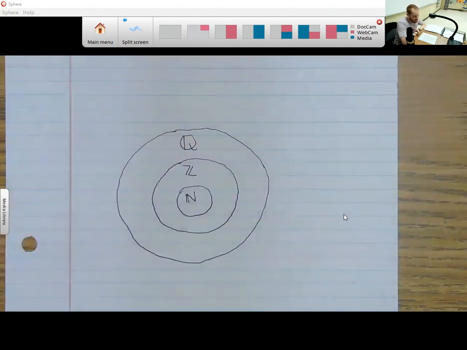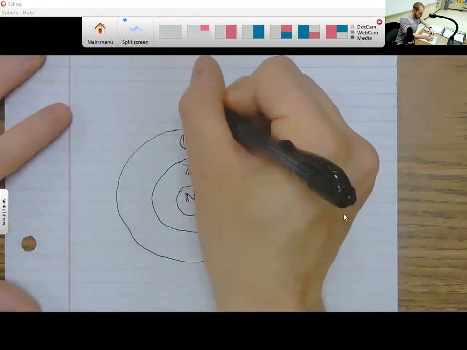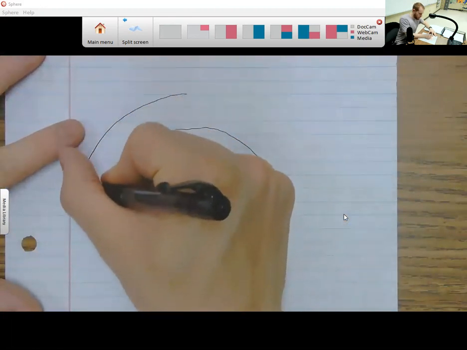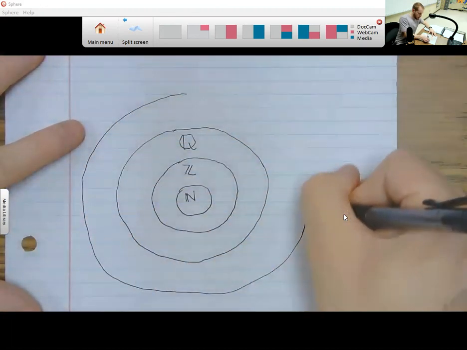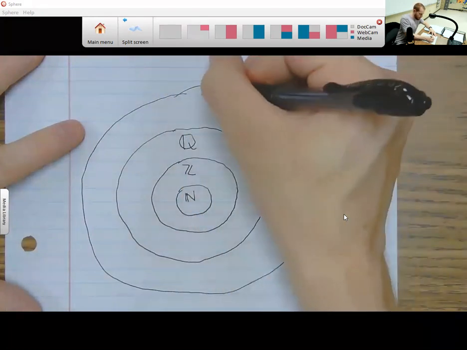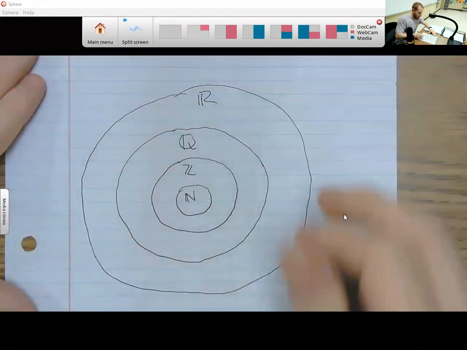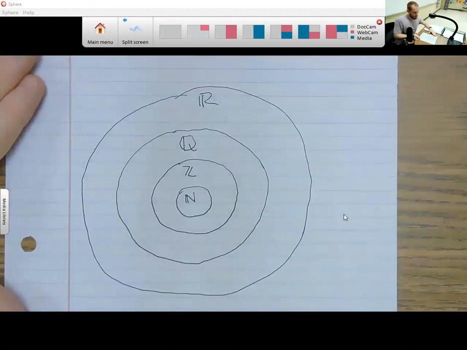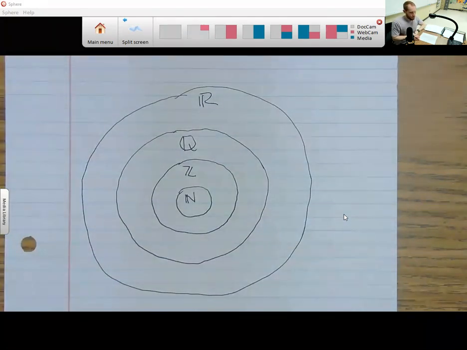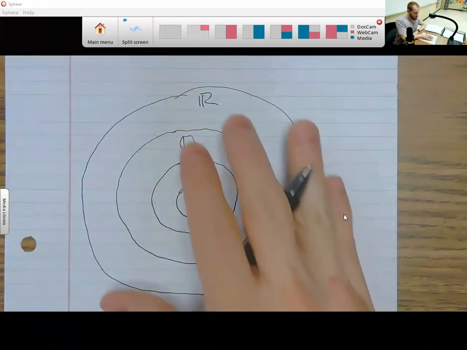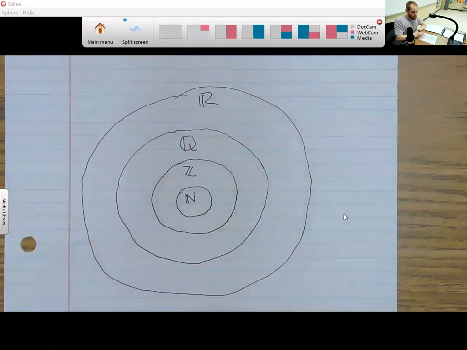And then you have an even bigger circle called the real numbers. So let's draw that. You have an even bigger circle called the real numbers. And that is symbolized with a capital R. So every single real number exists inside this circle.